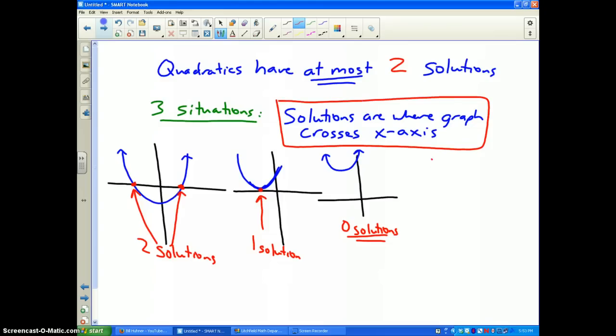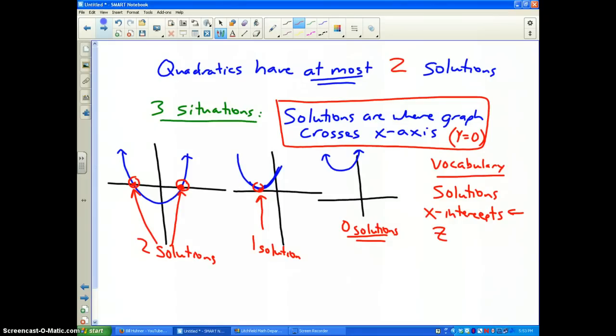Now some vocabulary for you. Sometimes they're called solutions. But we also know these points from Unit 2 are called x-intercepts, since y equals 0, and you know that's how you find x-intercepts.